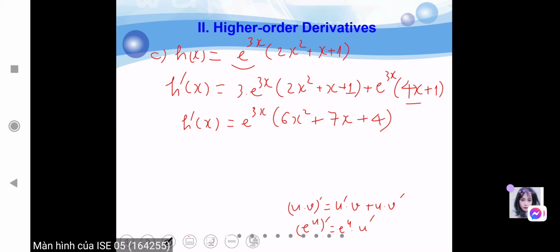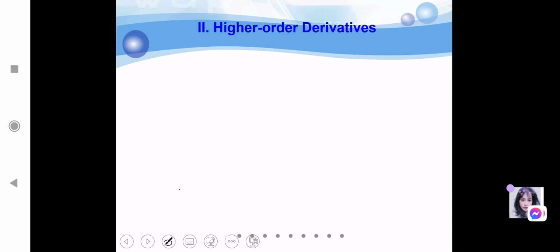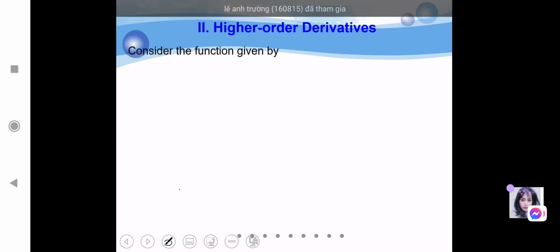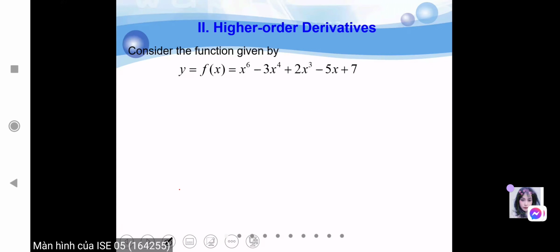Okay, now we move on to the second part, higher order derivatives. We consider the function given by this.